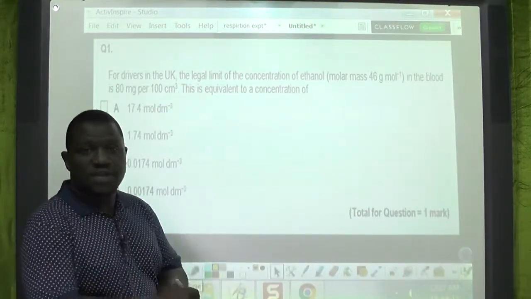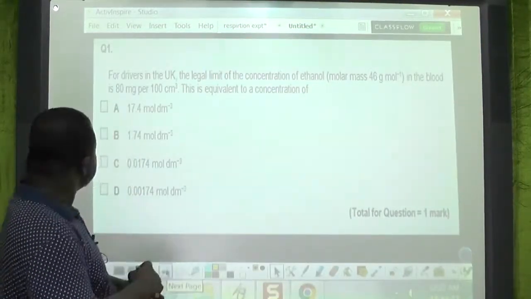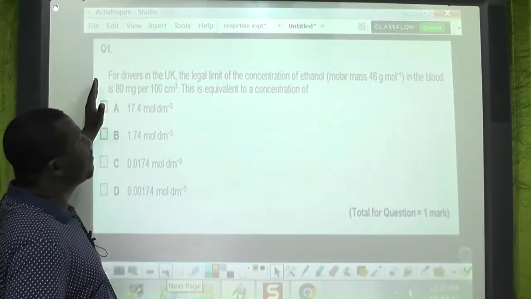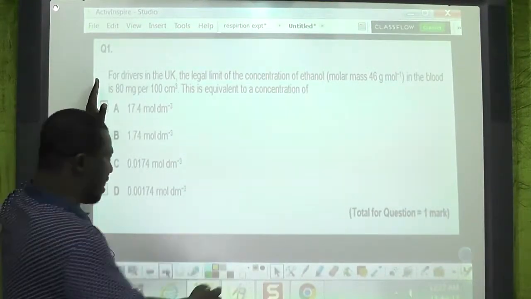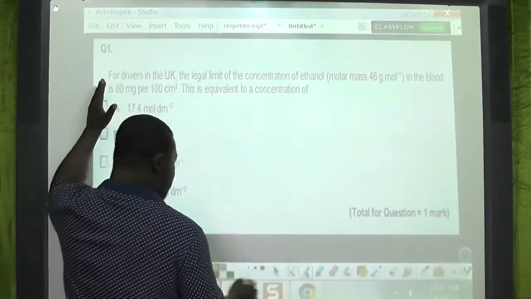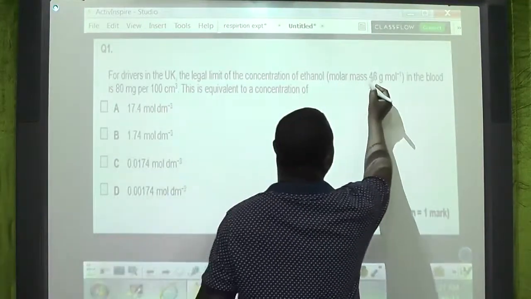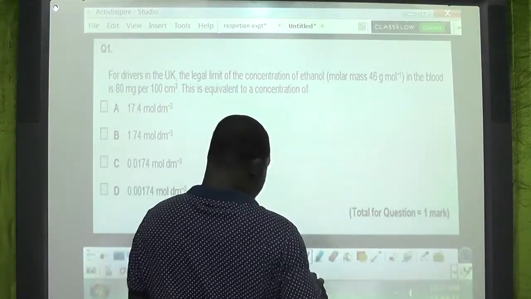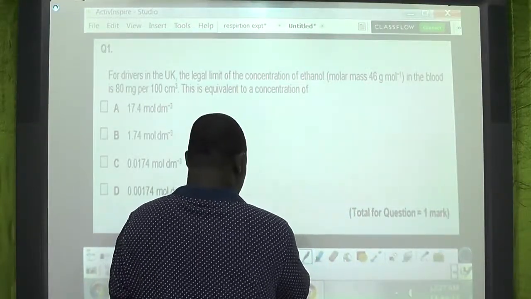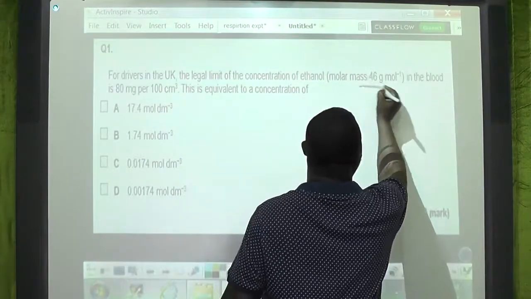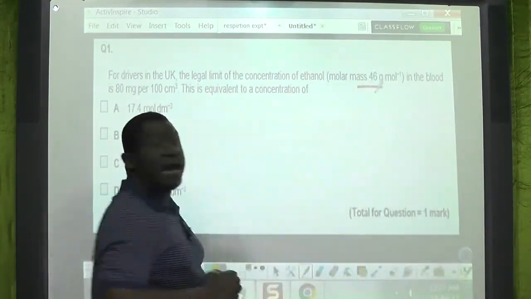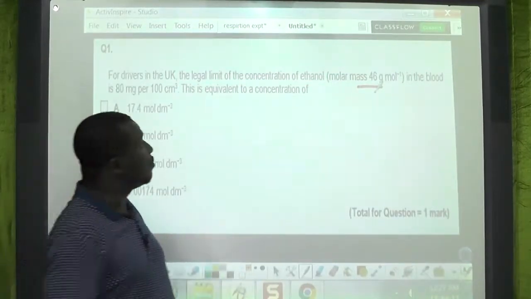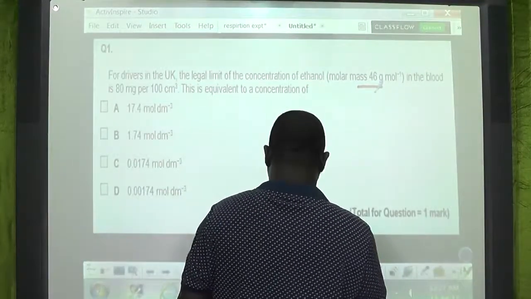Now the first question states that for drivers in the UK, the legal limit of concentration of ethanol, molar mass 46 grams per mole, that is the relative molecular mass, Mr, of ethanol, is 46 grams.